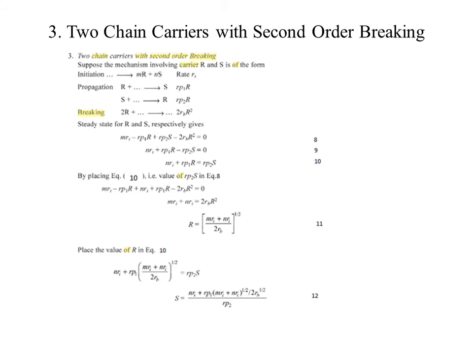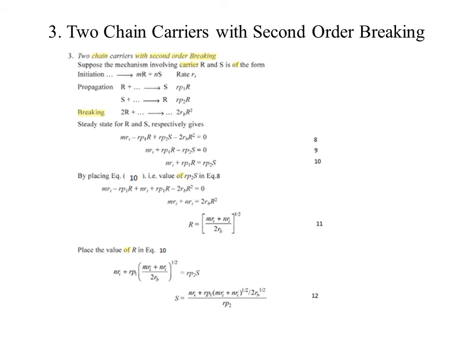Now again, suppose the mechanism involves carriers R and S. R and S are of the form: initiation, MRI plus NRI rate will be equal to RI.